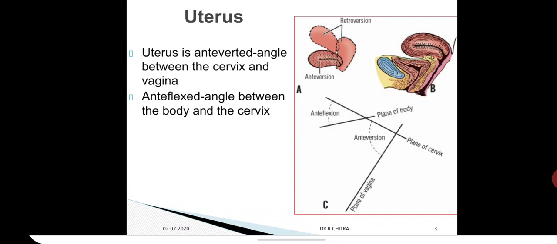So this maintenance of the anteversion is an important requisite for the support of the uterus. Why? You just think the uterus becomes retroverted, comes in line with the axis of the vagina. So what may happen?